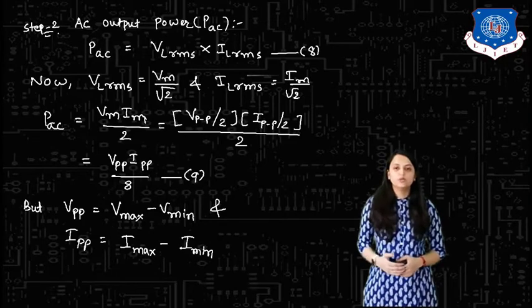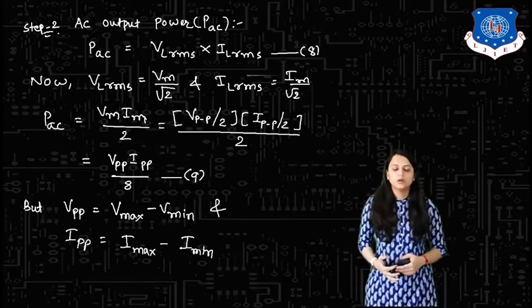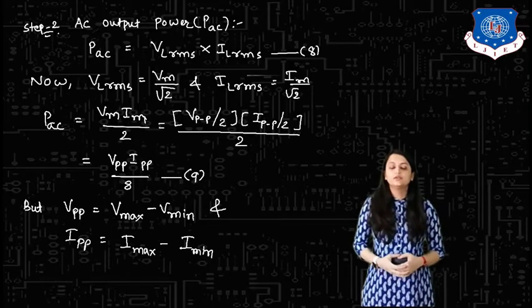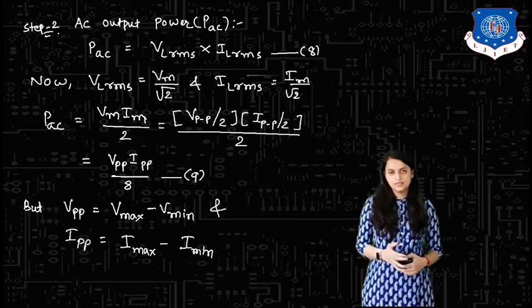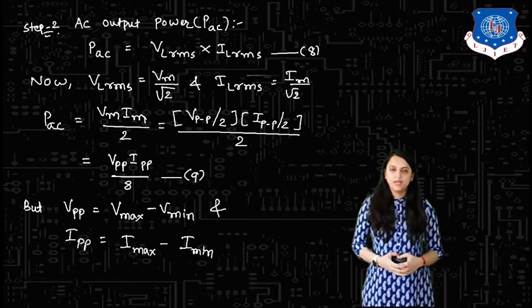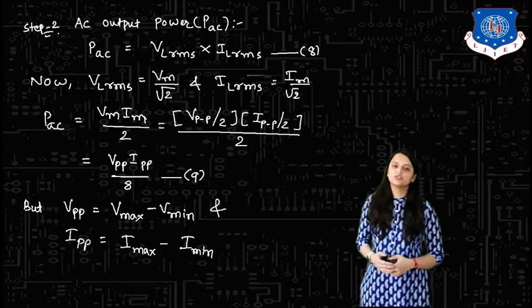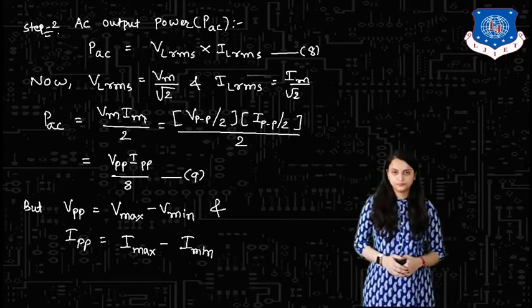Now, step 2 is to obtain the AC output power. To calculate efficiency, we need the ratio of AC and DC power. Here PAC equals VL RMS into IL RMS, equation number 8. Now VL RMS equals VM by root 2, and IL RMS equals IM by root 2.